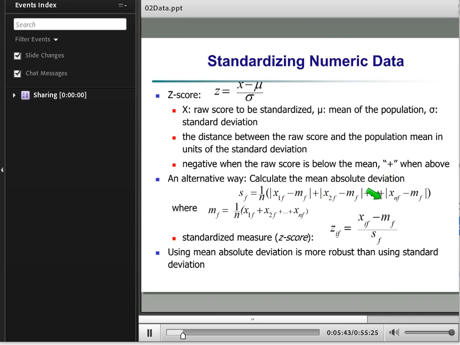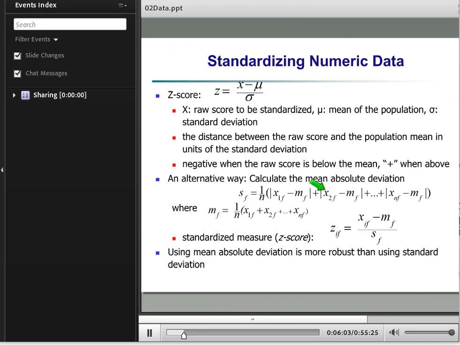We just simply calculate the absolute value of these differences, and after summation of all these differences, we divide them by n.